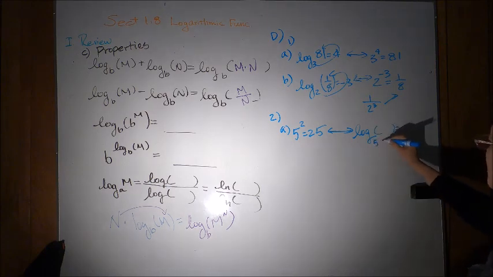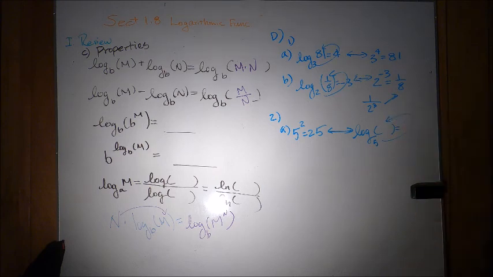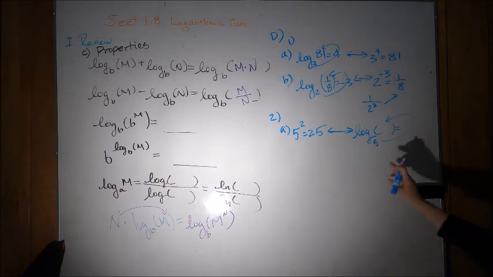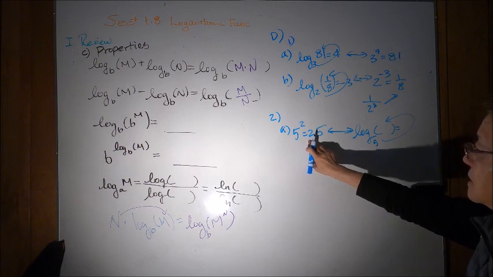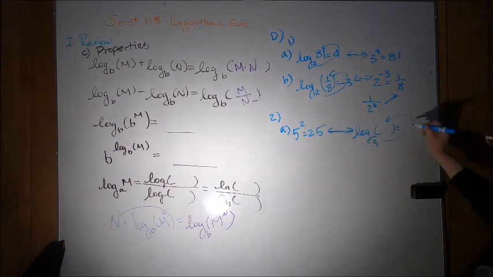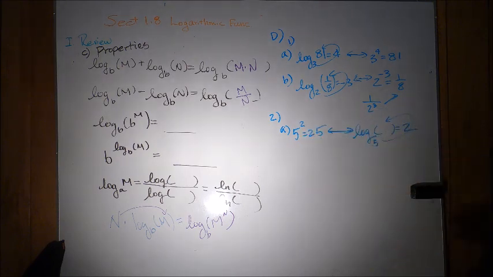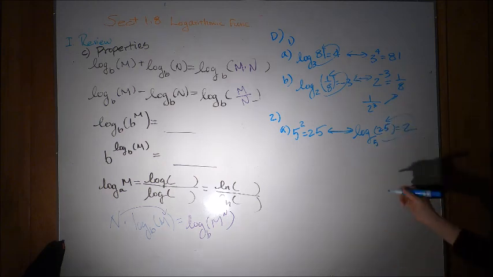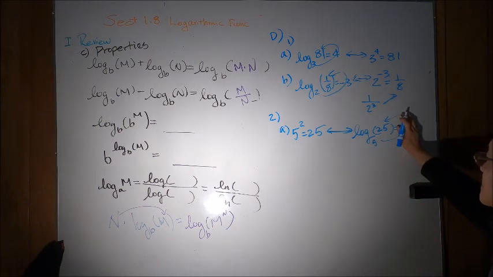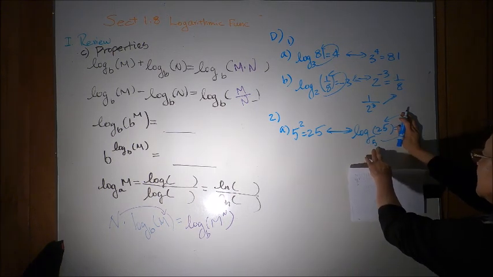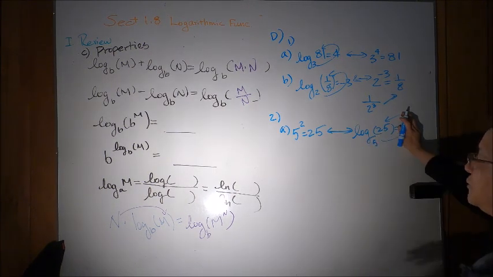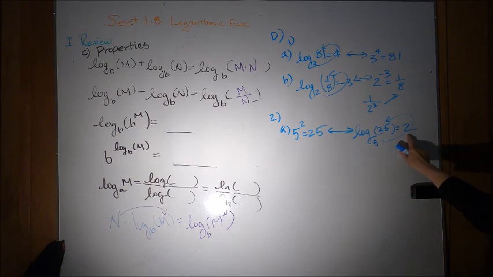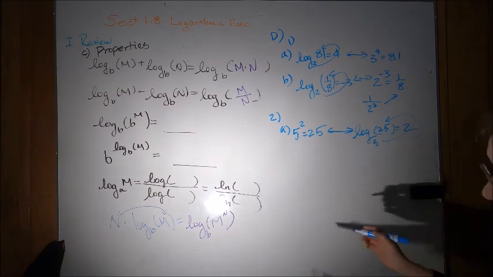Then you do the hooking, and you end up this way. So 5 to the what power? Square, you write here, you put it inside. That's what it means. So if I don't give you this, and I say log base 5 of 25, what's the value? It should be 2. That's the value in the power position.